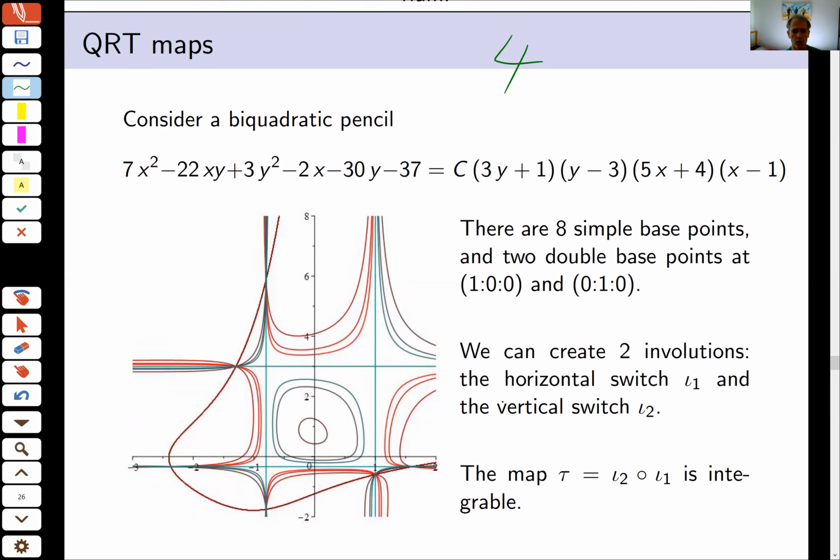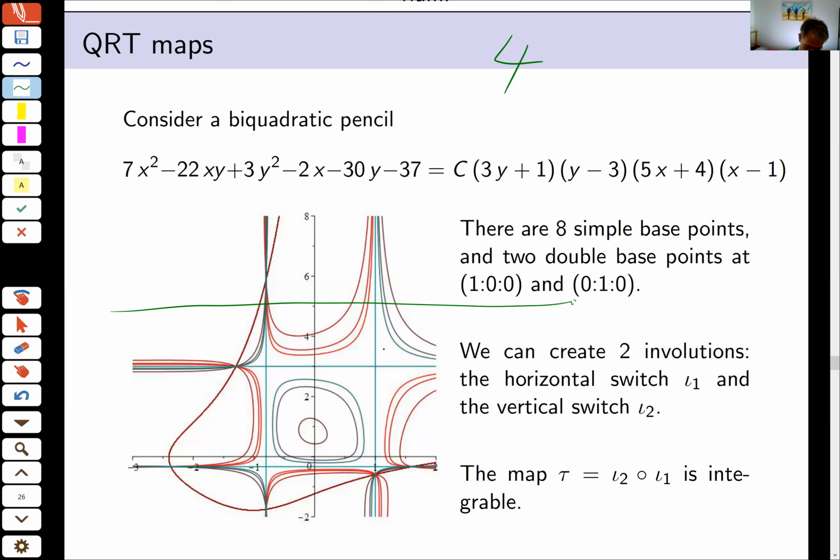And that means that if we know one X, we can solve for the other X. So we can fix Y and define a map by taking a straight line. This will have 2 intersections, and we can interchange those intersections. And that will give you an involution. And that's called the horizontal switch. You can do the same for the vertical switch.